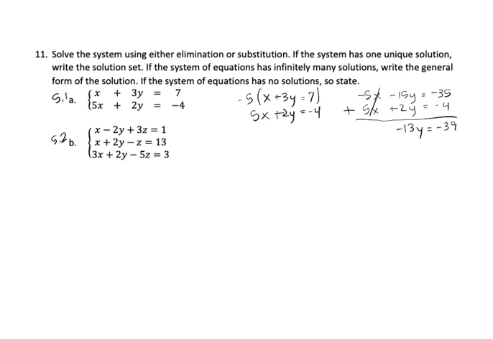Now we divide by negative 13, and we get y equals positive 3. Now if I take the original top equation from this one, x plus 3y equals 7, and plug y equals 3 right there, that's x plus 9 equals 7, so x equals -2. So for part A, x is -2, y is 3.